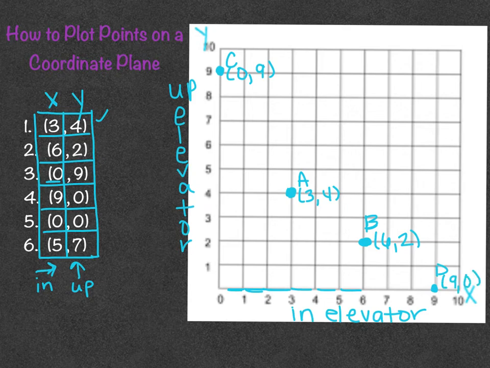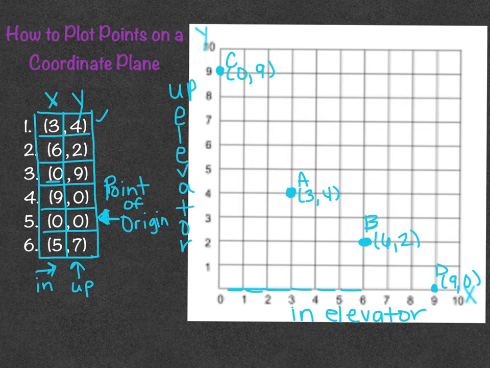The next one we have is 0, 0. Now this one is very important because if you remember, 0, 0 is actually our point of origin.